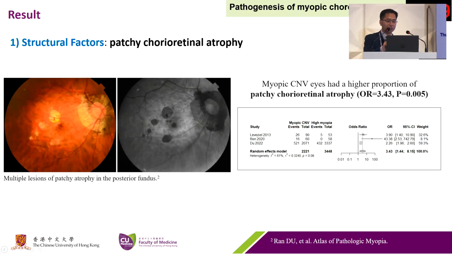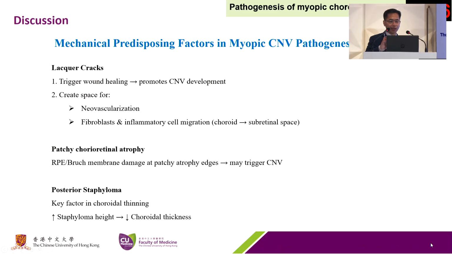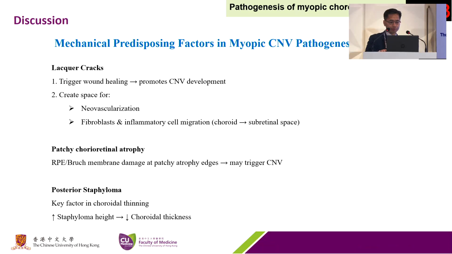The patchy chorioretinal atrophy is a complete atrophy of the RPE and choriocapillaris, appearing as a grayish white, well-defined lesion, and myopic CNV again had a higher proportion of patchy chorioretinal atrophy, with an OR of 3.5. For the posterior staphylomas, again, the average height for those with myopic CNV is much greater. The mean difference is 82 microns higher compared to those eyes without myopic CNV.